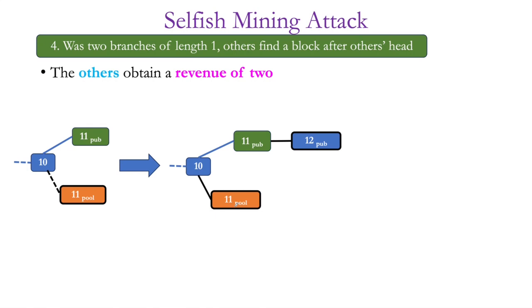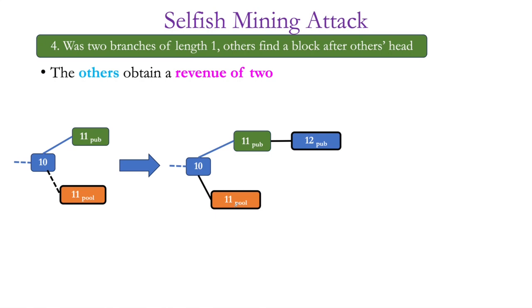That is 12 in this case. So they will get the revenue for block 11 as well as block 12. That is two branches of the same length, and the honest branch finds the block after the others' head.